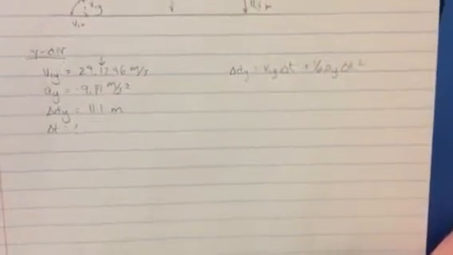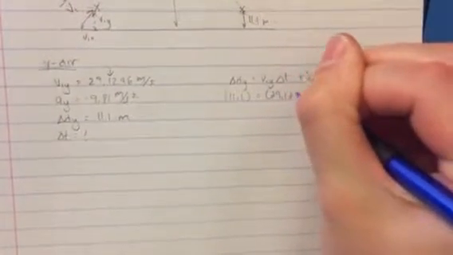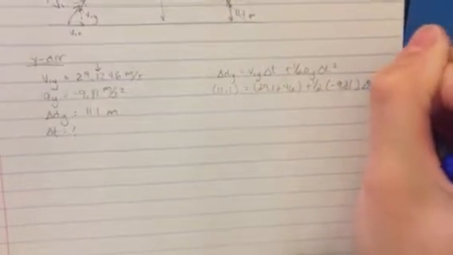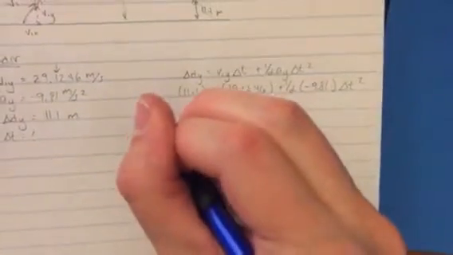Substituting in some numbers, we realize pretty soon we're looking at another quadratic equation. So we're going to rearrange to make this look more like a quadratic equation.